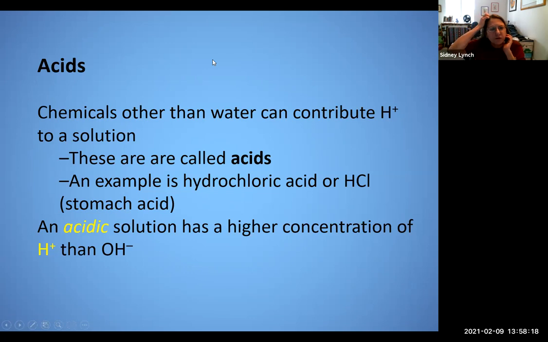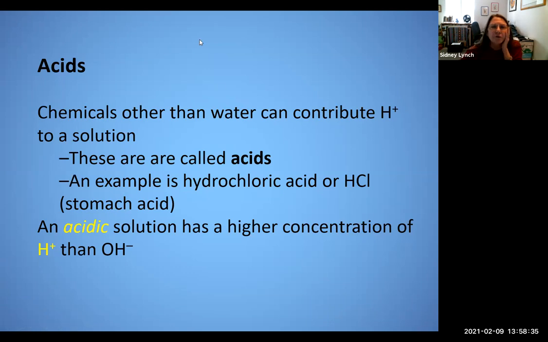from 0 to 14. Okay, so acids are things that will donate. I'll get to the scale in a second. Let's do this first. Acids are called acids because they donate hydrogen ions to solution.